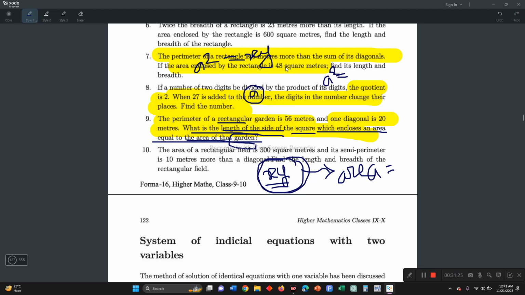So first we have to determine the value of xy, which will be equal to a square. Then taking the root of a square, we will get the value of a, which is the length of one side of the square.